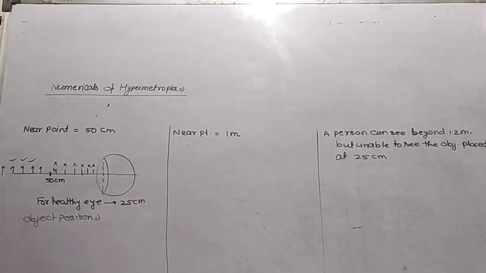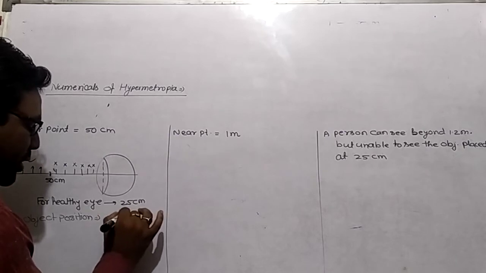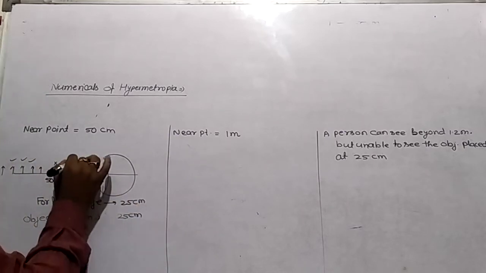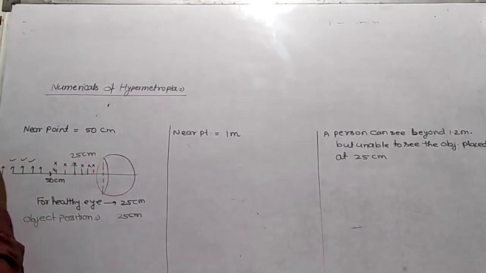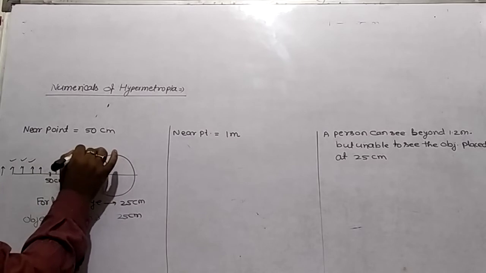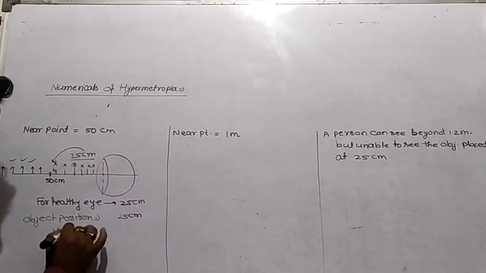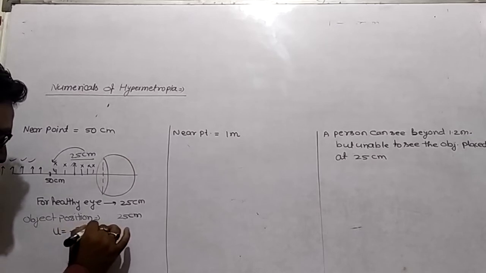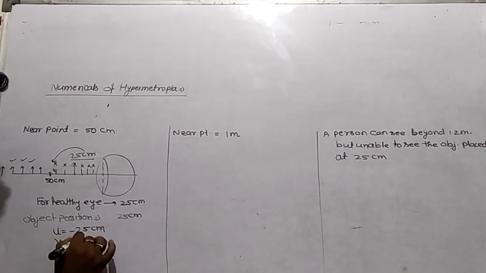So here we have to assume the object position as 25 centimeter. The object is placed at 25 centimeter, and we want the image of this object at 50 centimeter. So u is equal to minus 25 centimeter and the image is formed at minus 50 centimeter.